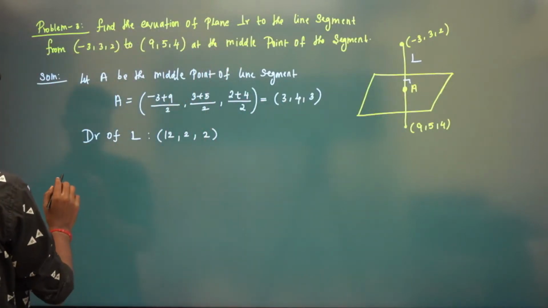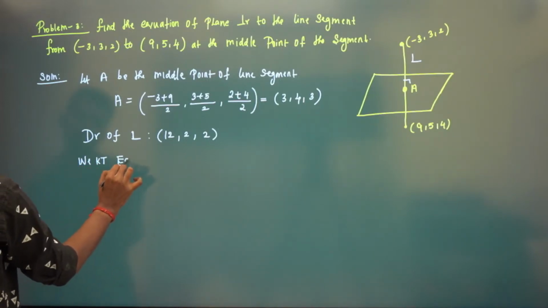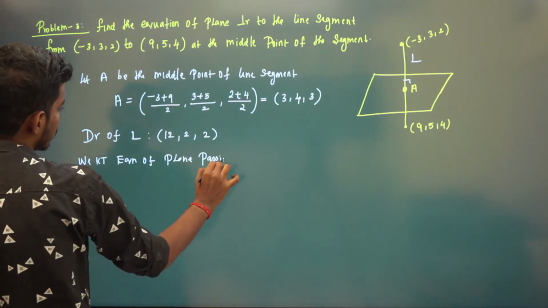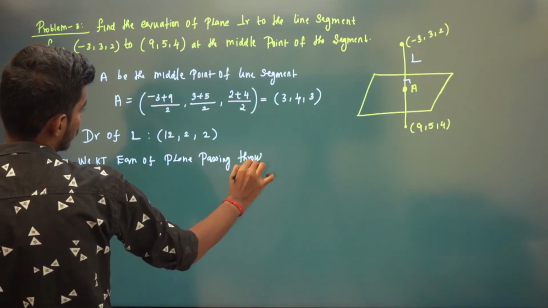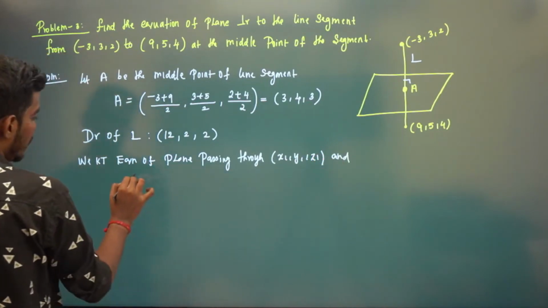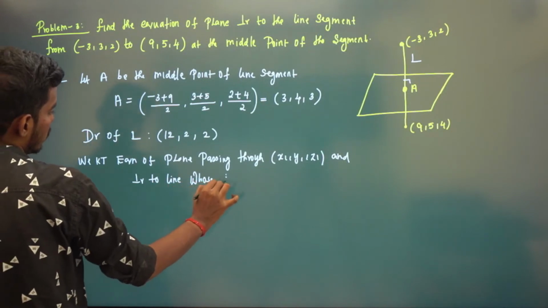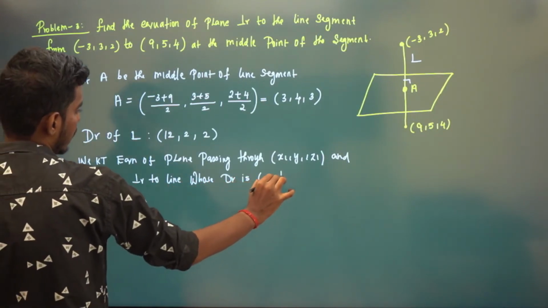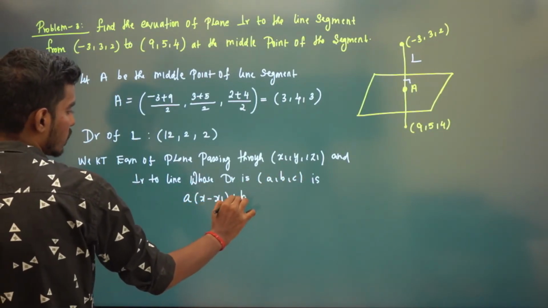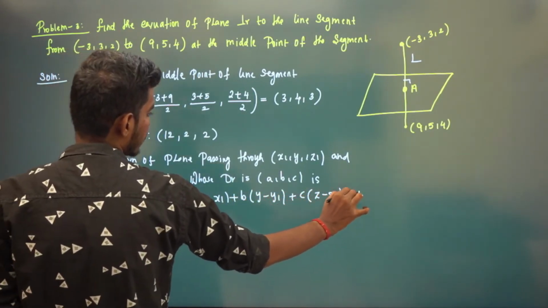Therefore, we know that the equation of plane passing through some x1, y1, z1 and perpendicular to the line whose direction ratio is a comma b comma c is given by a into x minus x1, b into y minus y1, c into z minus z1 is 0.